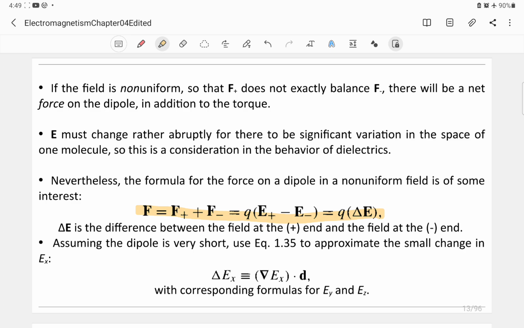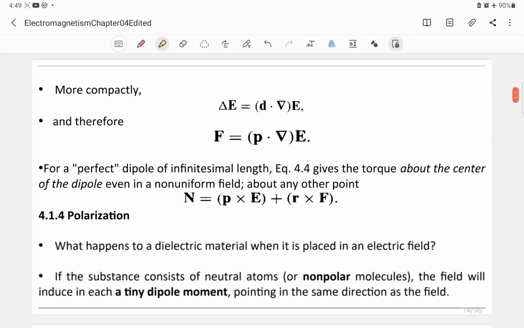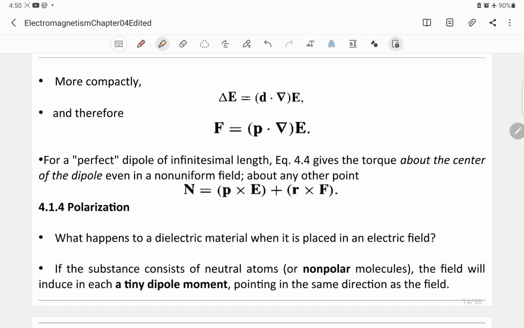So if we have a very short dipole, the small change in the electric field, say for example for the direction X, would be just this one. The formula is similar for EY and EZ. So for all three directions, your difference in electric field would be this one here.